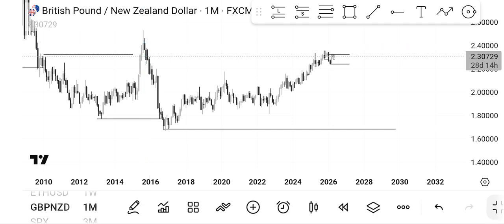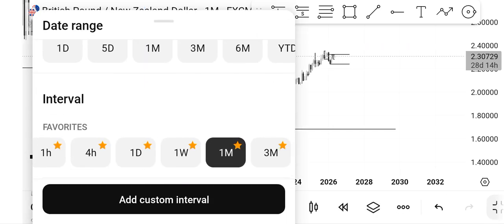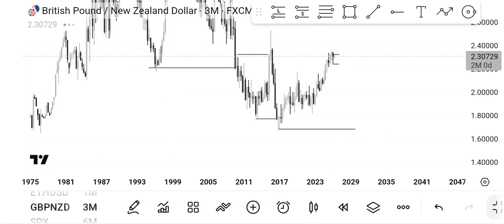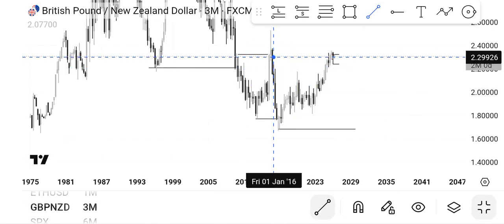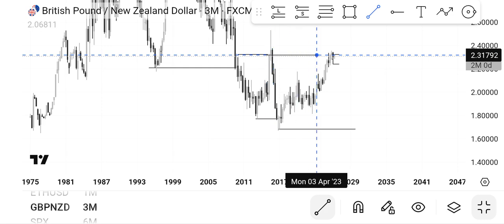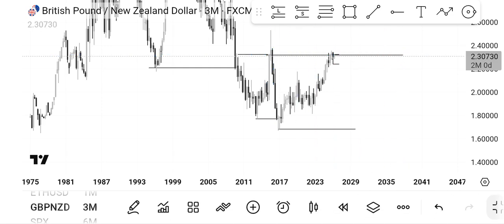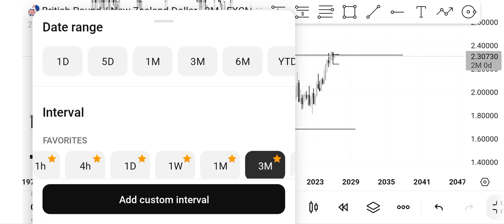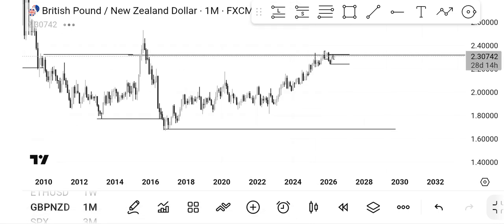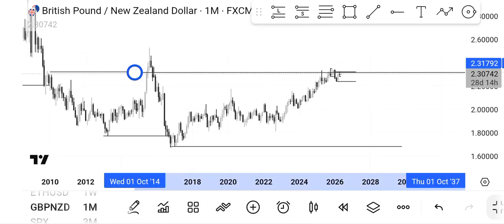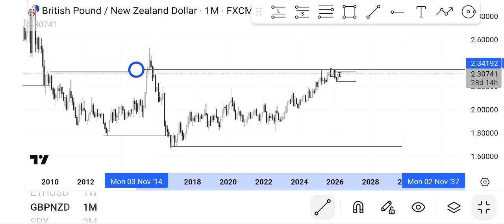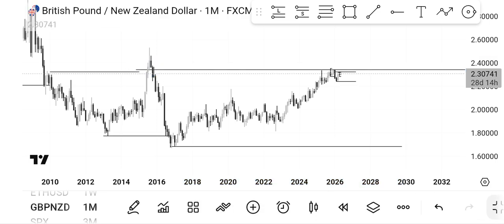Sorry guys, let me go back to the 3 months time frame to mark it out. This other block here, all we should do is to go to the monthly time frame to do some refinements of the zone or the level.